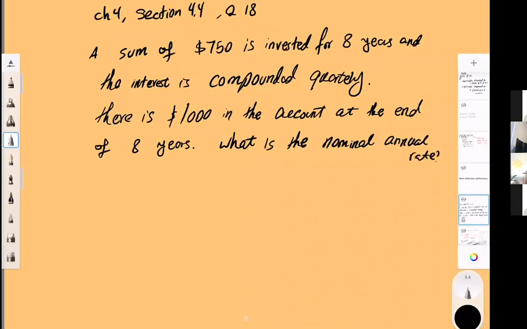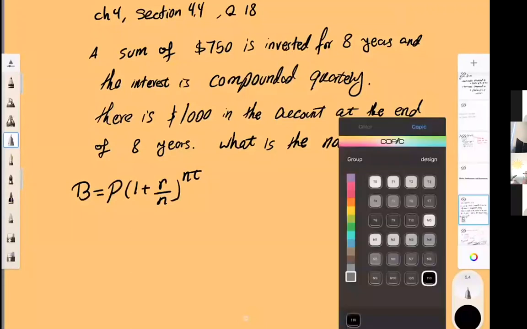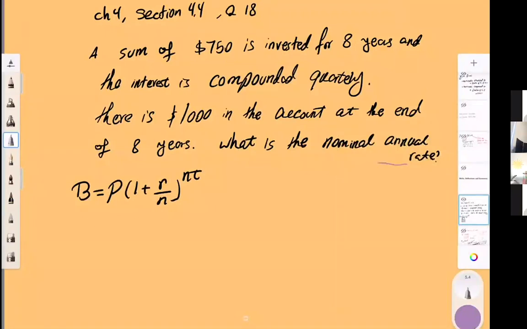All right, word problem, correct? A word problem about money. So we need to pick a formula. We see compound interest, which means we need to use the formula B equal to the initial value times 1 plus r over n, to the power of nt. Here we are looking for the yearly rate, which is r.